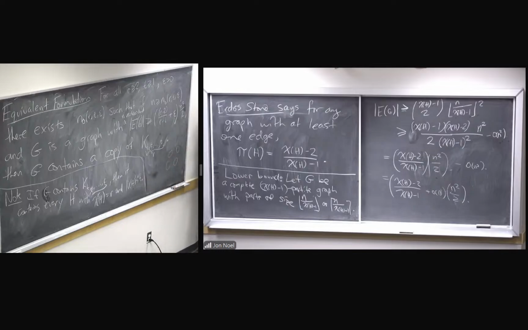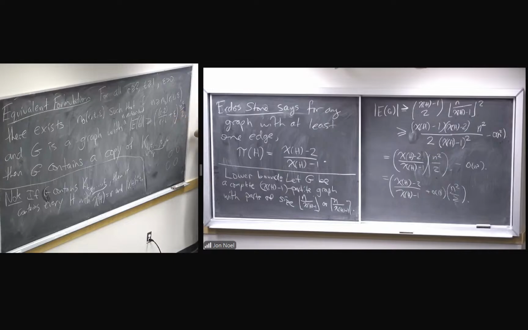Yeah? Is this actually equivalent? Can we get this out of the other one? Yeah, because you could just let H be that graph. Maybe the thing that might be a little bit unclear is this dependency on t. Yeah, but the original theorem, the idea is you fix an H and an epsilon, so that deals with the little o(1).